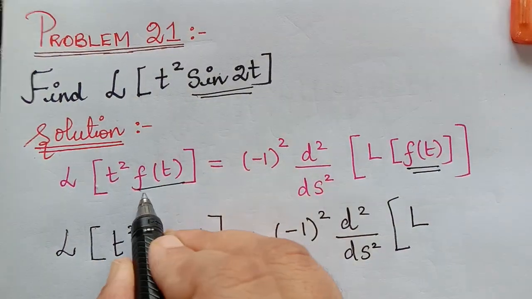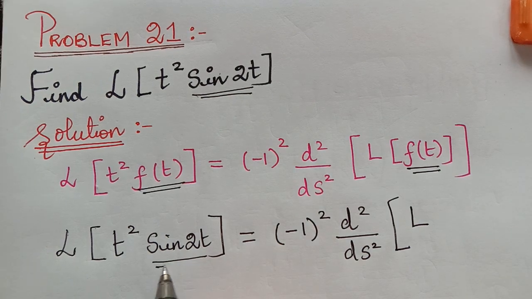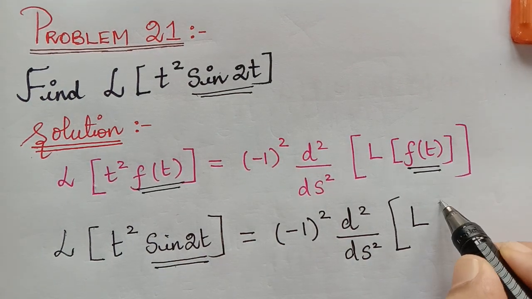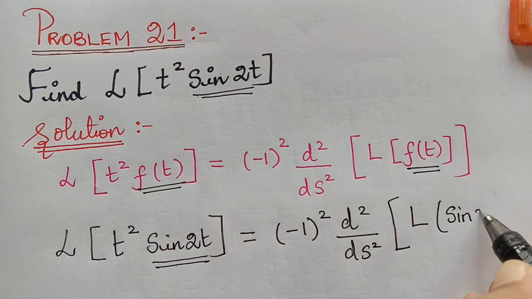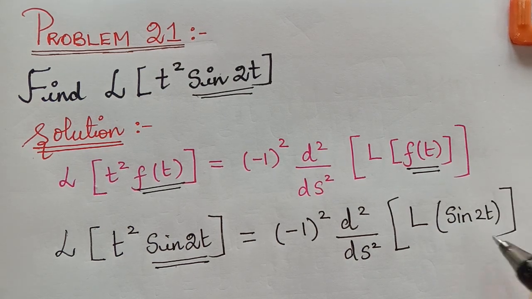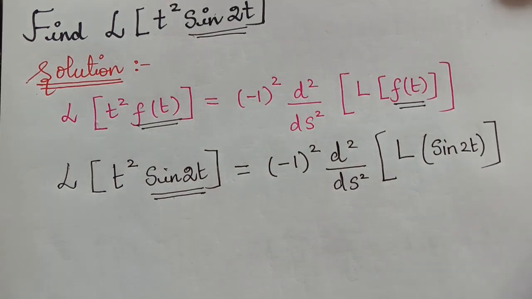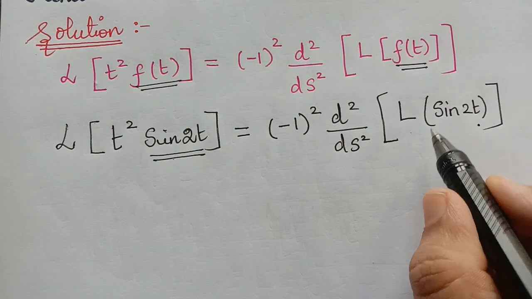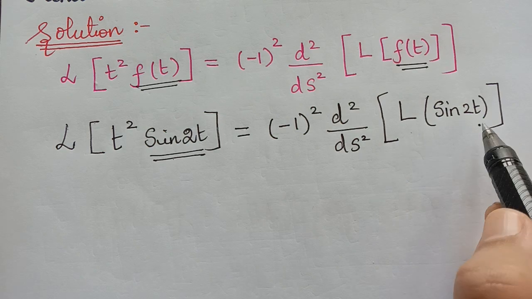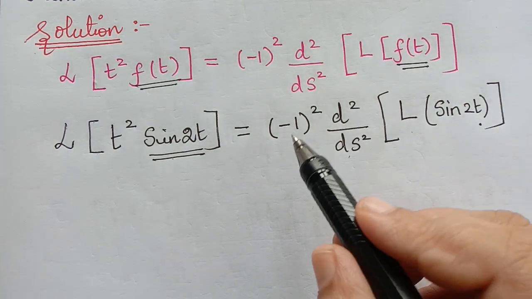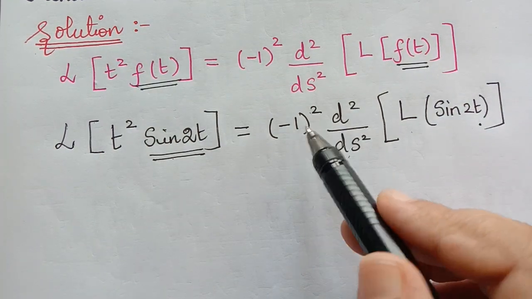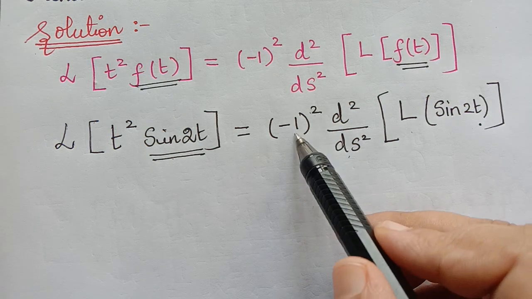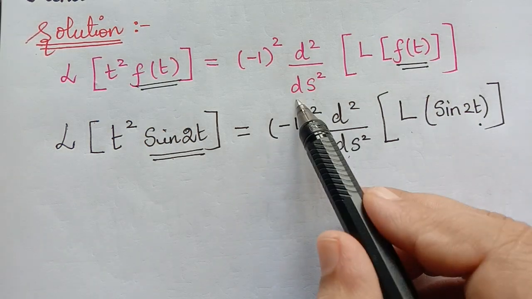But what is f of t here? f of t is equal to sine 2t. So first we shall find the Laplace transform of sine 2t and then differentiate the resulting answer twice and multiply with (-1) square. Anyway, (-1) square is 1 only. It is going to become +1.